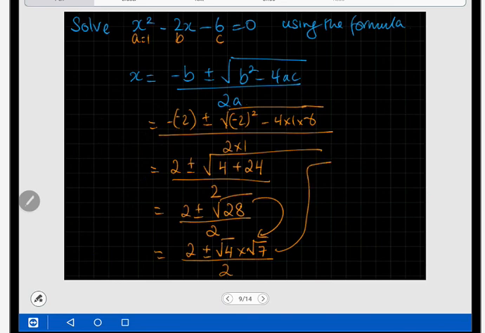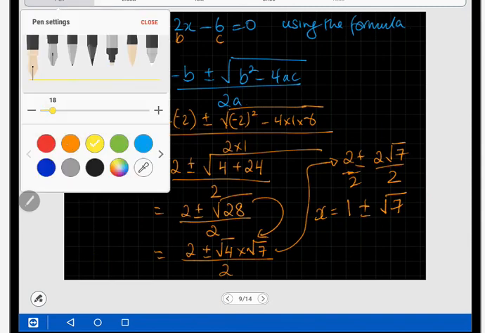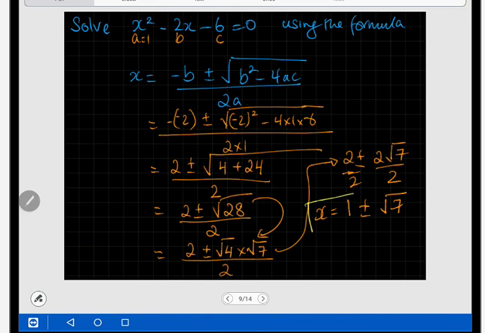So this becomes 2 plus or minus 2 root 7, yeah? The whole lot divided by 2, right? This becomes 1 plus or minus root 7. That's my solution. x is equal to 1 plus or minus root 7. Here you go, using the formula.